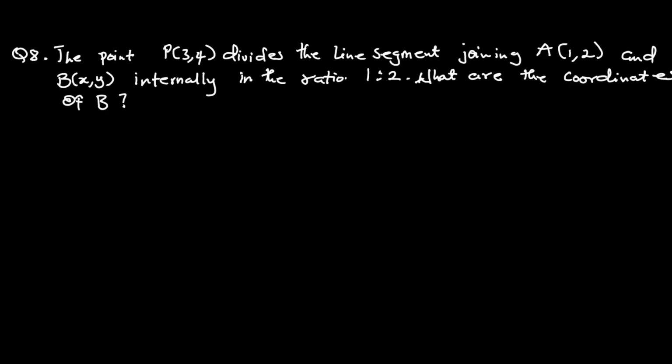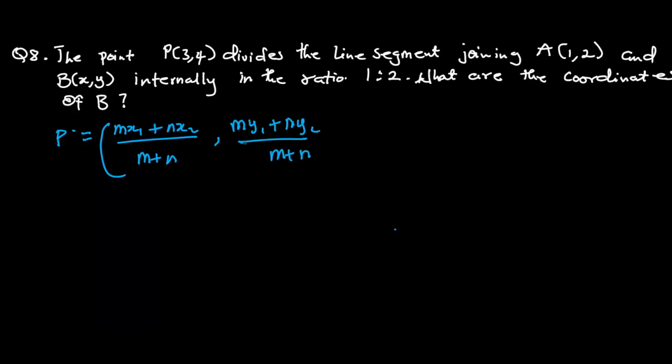So here we've already met one of these questions, and we know the formula when a line is divided internally. It is P that divides that line, and (3, 4) is equal to (m x2 plus n x1) all over (m plus n) for the x coordinate, and then for the y coordinate we have (m y2 plus n y1) all over (m plus n).